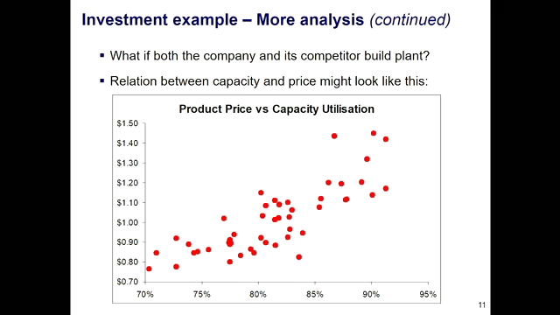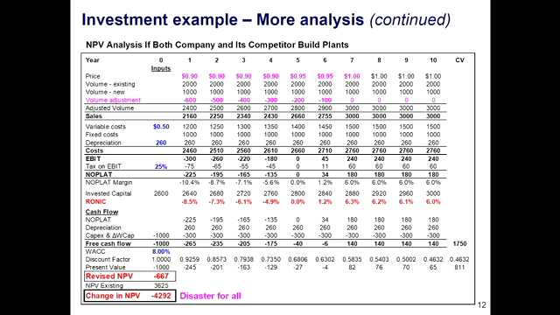This is a graph to show that the more capacity you build, the more capacity is being utilized in the economy, the lower the pricing you have. And that will erode the margin. In a further analysis, if the company and its competitors build new plants, you will see an even bigger value loss for the industry, not just for the company.